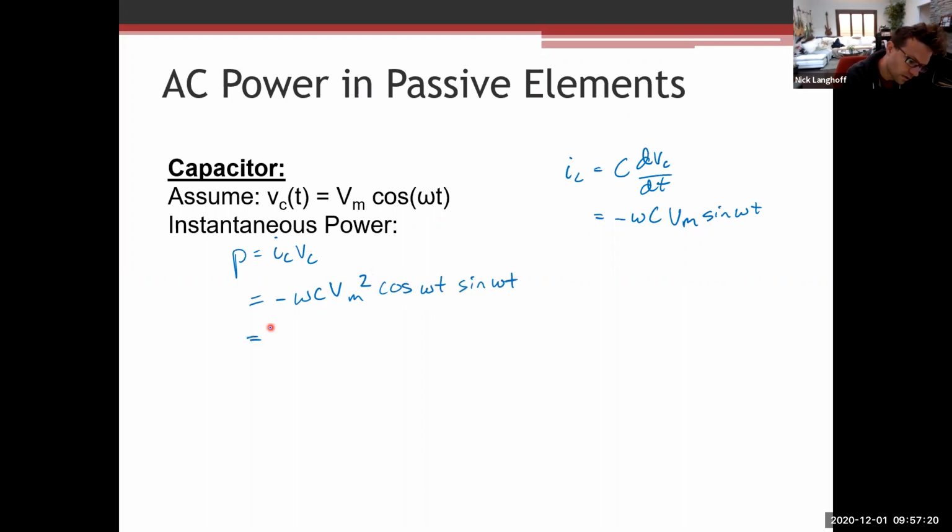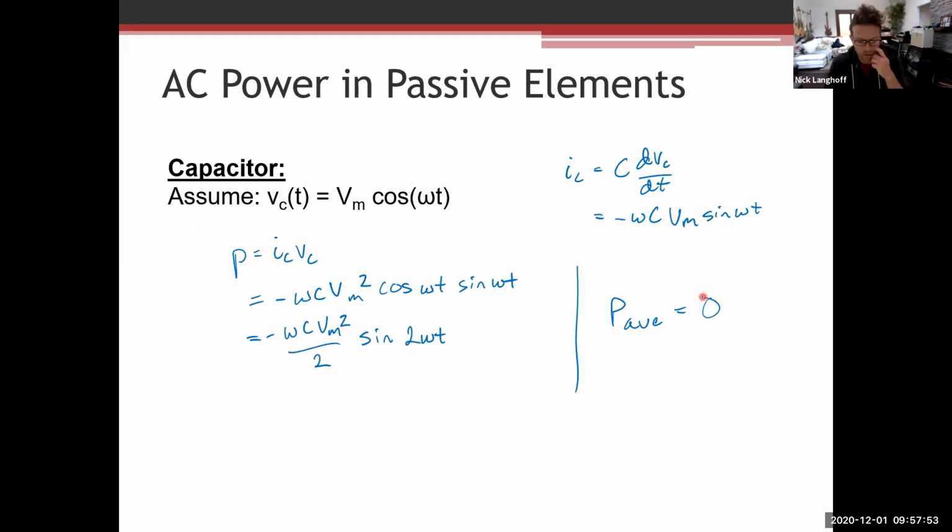And if you use the same trig identity we used last slide, this is minus omega C Vmax squared over 2 times the sine of 2 omega t, sorry. So again, the power is oscillating at twice the frequency. And again, it's still just a sinusoid, so the average power is equal to 0.